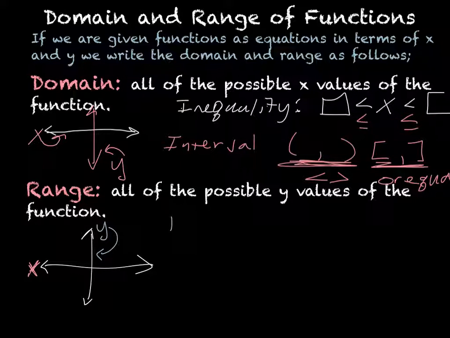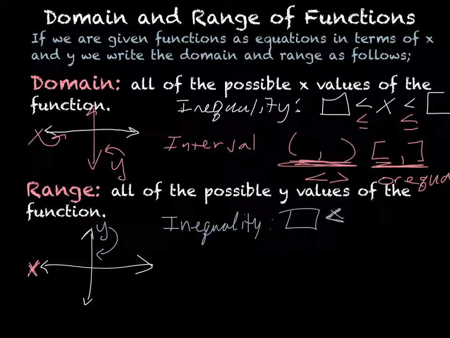So we can still write that as an inequality, and that would be our number less than, so always start with the small one, or less than or equal to, both those are possible. Then our y, we're just going to put the y in the middle, less than or equal to, and we have our bigger number.